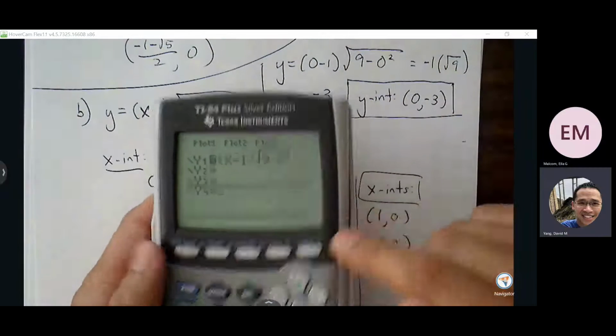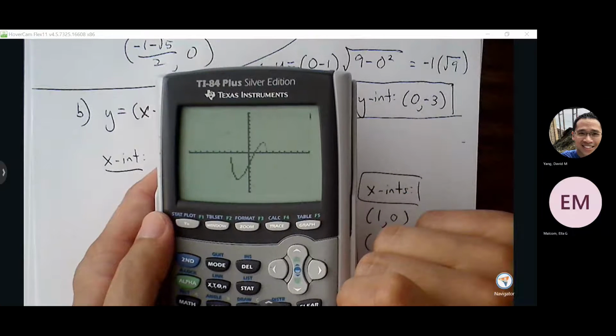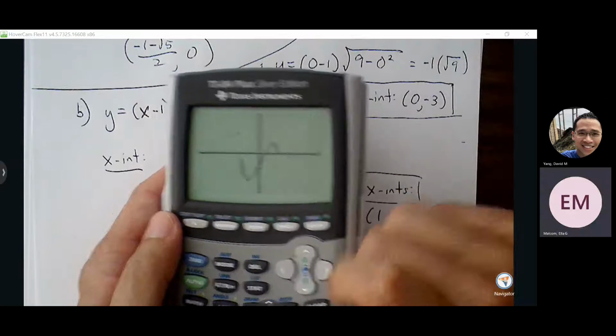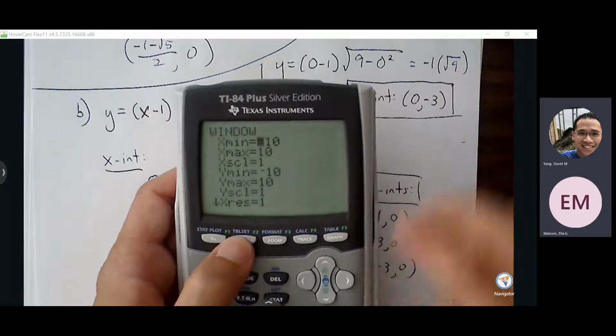So I have it into a calculator here. I'll do some 6. Just kind of stops, isn't it? Let's see.